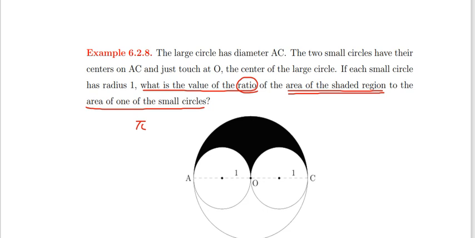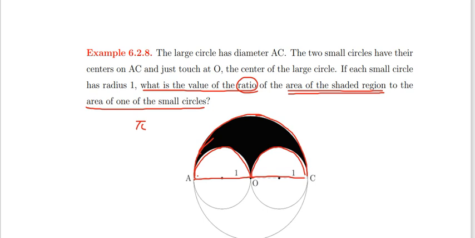This shared region equals this semicircle minus two of the small semicircles, which put together make just one circle.